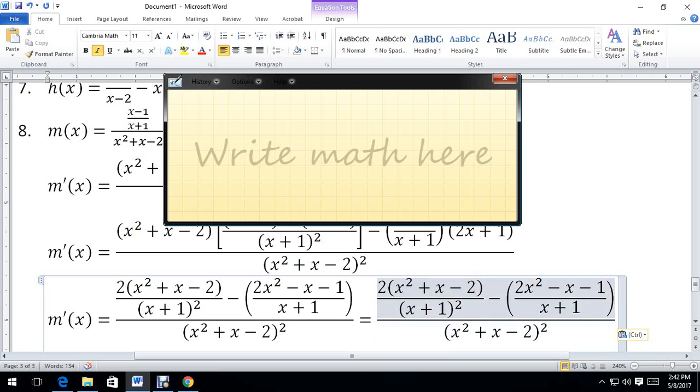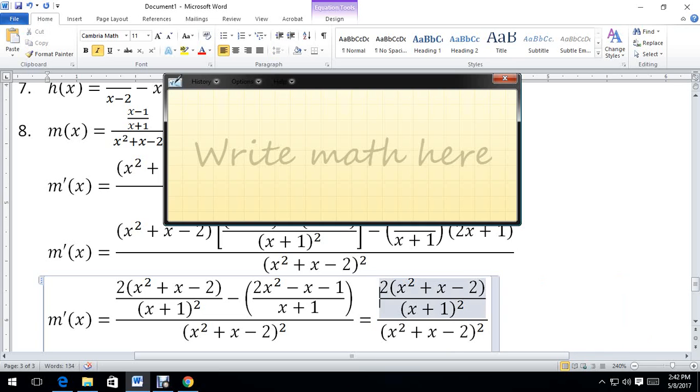perhaps we could try to remove first this part here and try to get the common denominator between x plus 1 squared and x plus 1. Now, of course, the common denominator between x plus 1 squared and x plus 1 is x plus 1 squared. Okay, so try to recall your addition of fractions so that you could follow up on the step-by-step solution presented in this video.